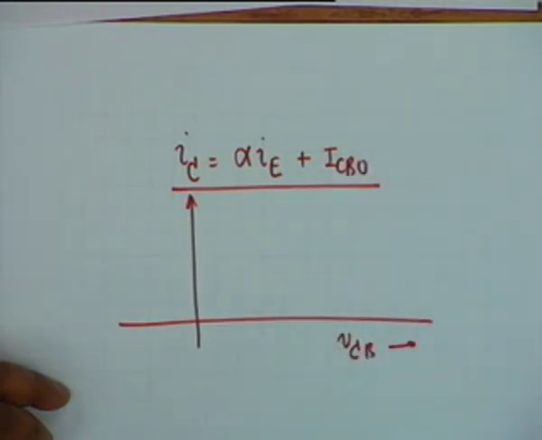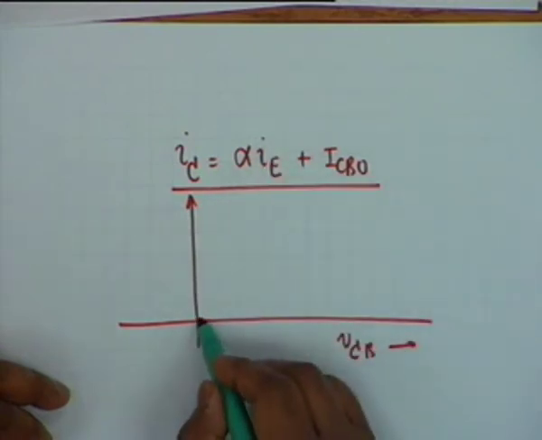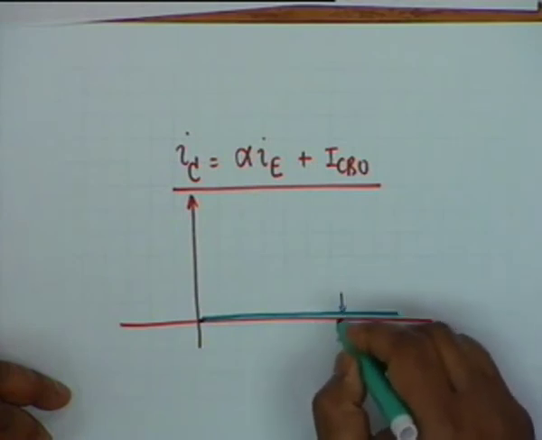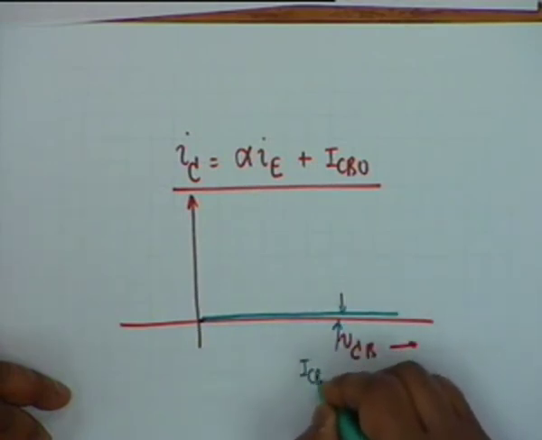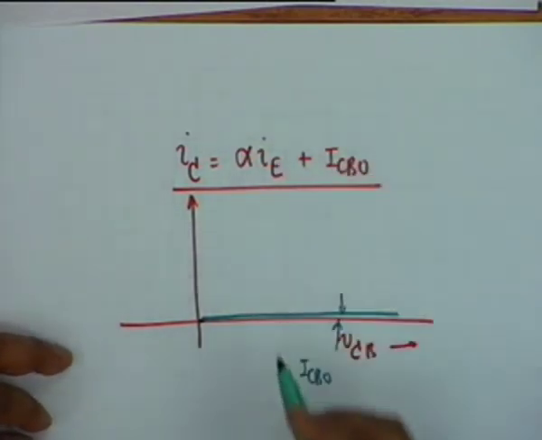When the emitter current I_E is 0, a small current should flow like this, where this difference is I_CBO.